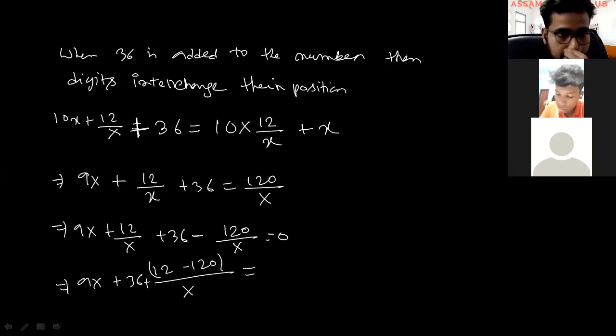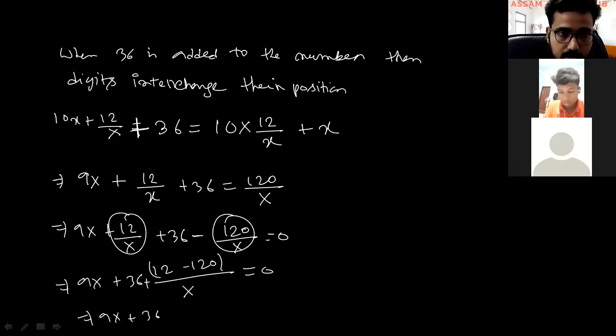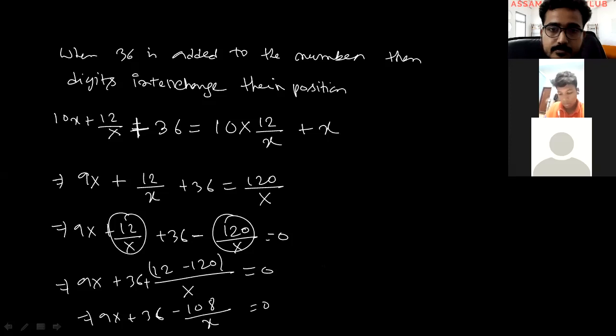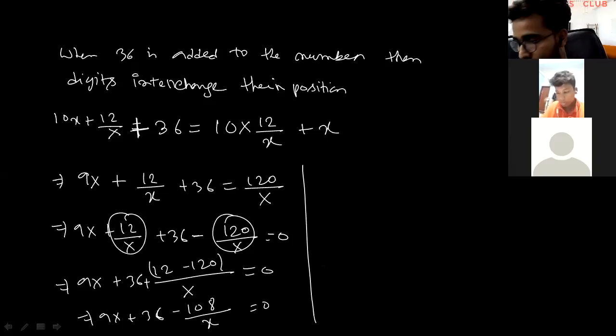Now 9x plus 36. If you subtract 12 from 120, it will be 108. Why will it be minus 108? Because the minus sign is there. Clear up to this? Now take the LCM.